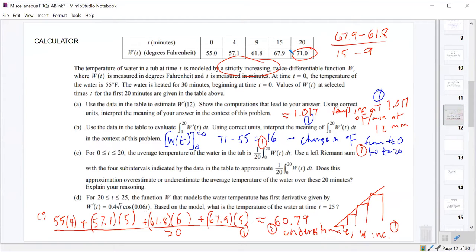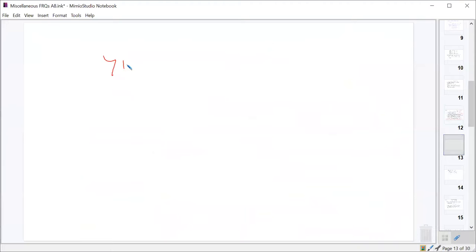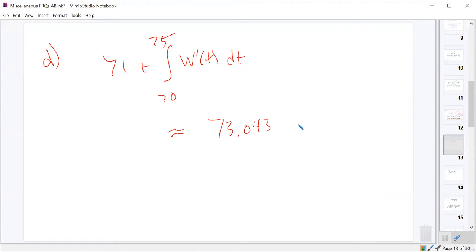The temperature at 20. So it'll be 71 plus the integral from 20 to 25 of W prime of t dt. And it looks like that came out to be 73.043. That was worth 2 points, 1 for having this integral set up correctly and 1 for the final value.